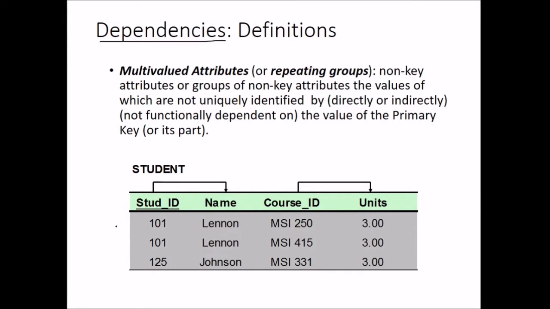You see in this example, the first row and second row are the same, so they are repeating. What do we mean when we say multi-valued attributes or repeating groups? These three are the non-key attributes, because the underlying student ID is the primary key.